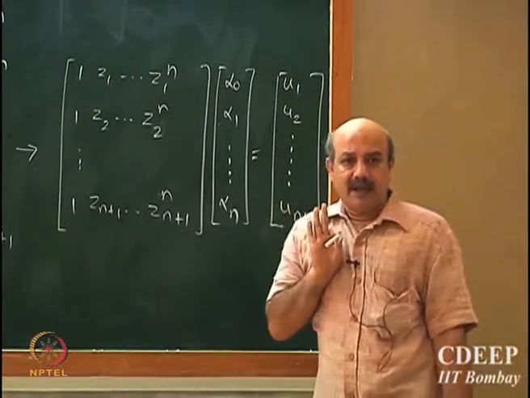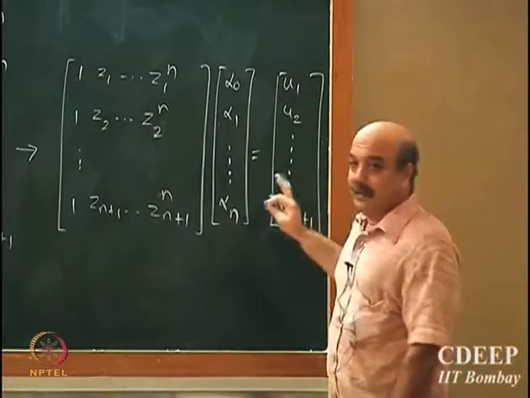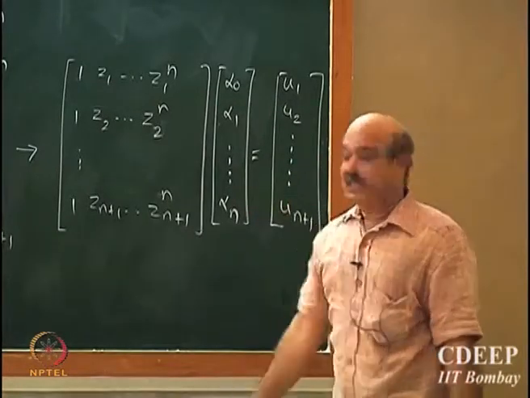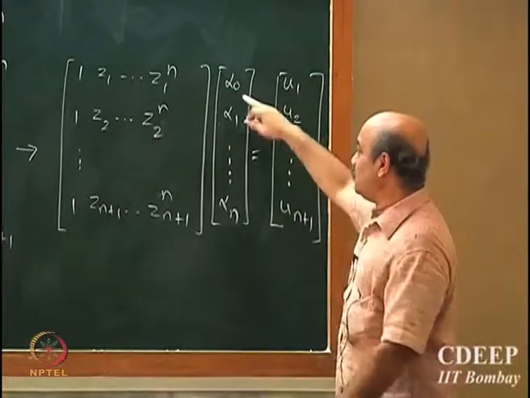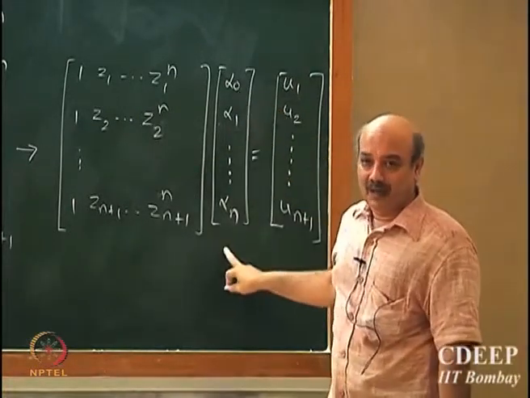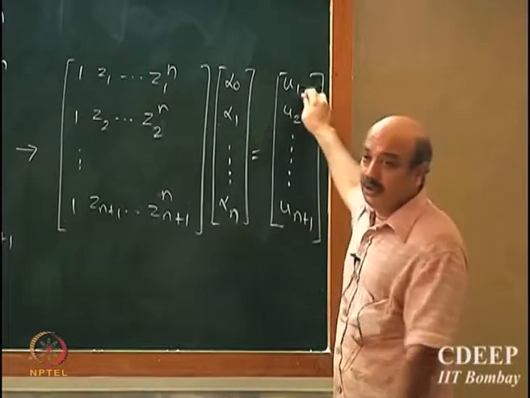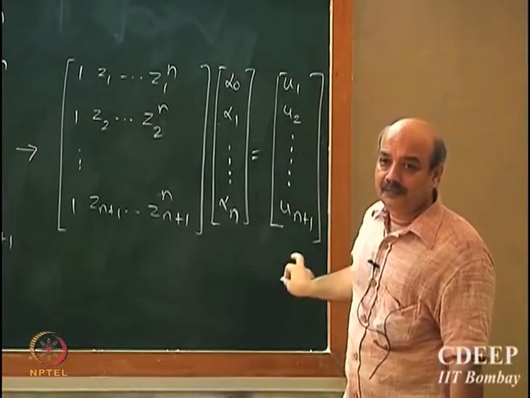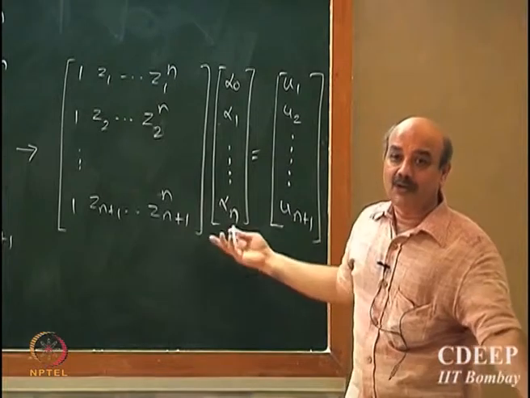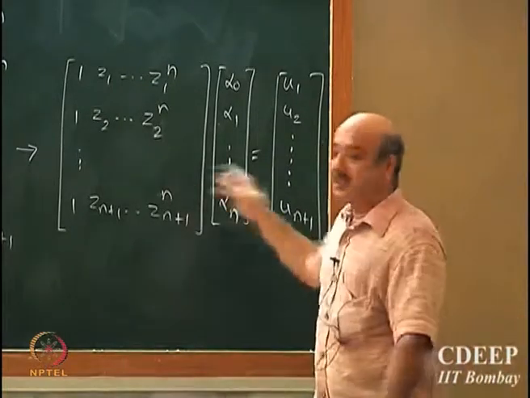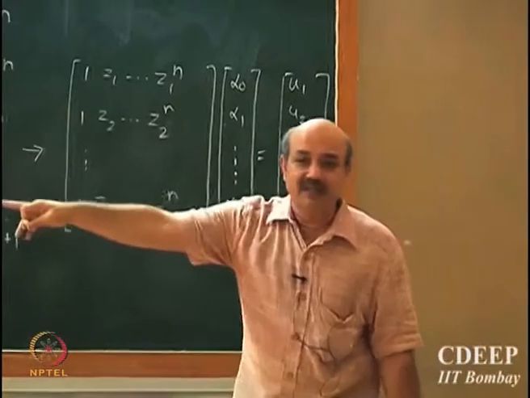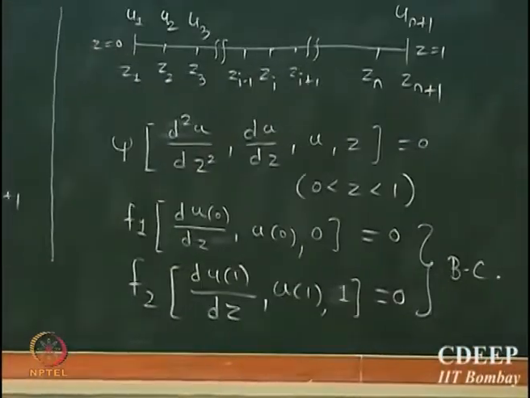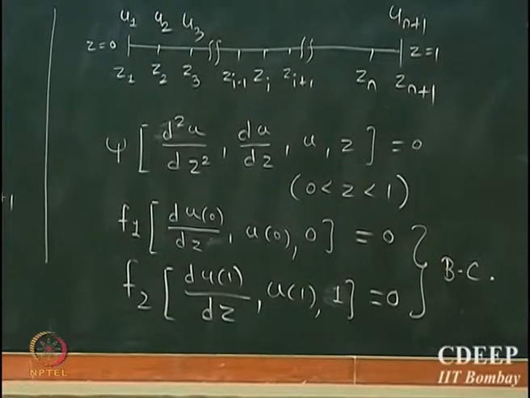It doesn't matter, I'm going to play some tricks. First of all, in this equation, I don't know two things. I don't know alpha 0, alpha 1 to alpha n, and I do not know u1 to un plus 1. So both I do not know, and I cannot really solve this problem and find the solution. That is not possible. The solution is tied up with the differential equation, so we have to go to the differential equation to get these values.